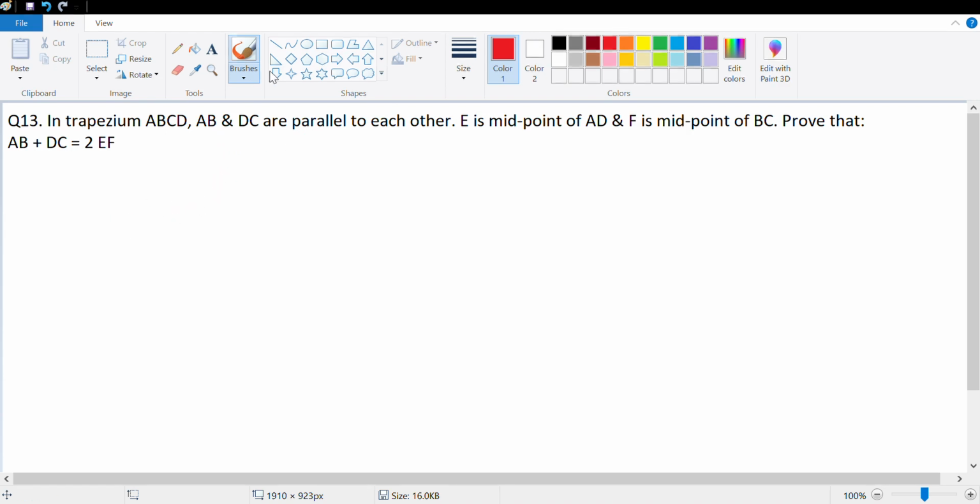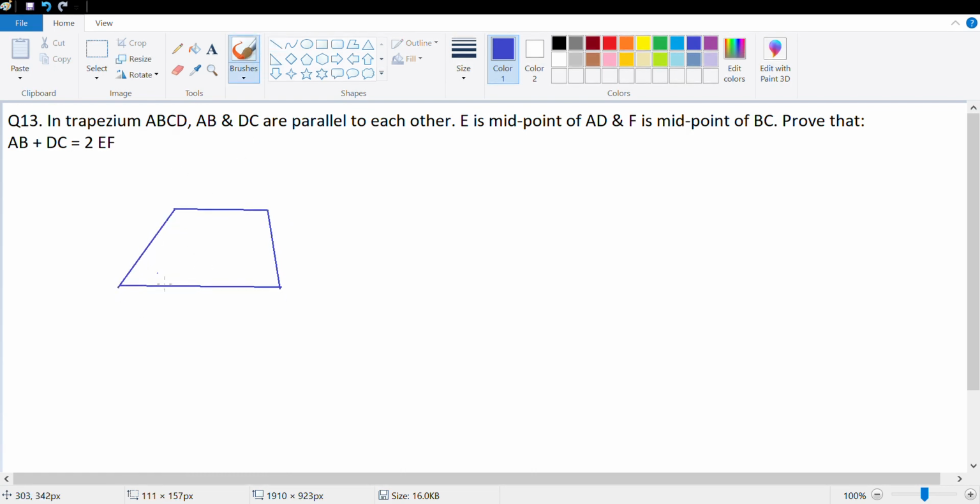So let's just draw a rough diagram first. So this is side 1 and this is side 2. Let's join them. Let's join this.